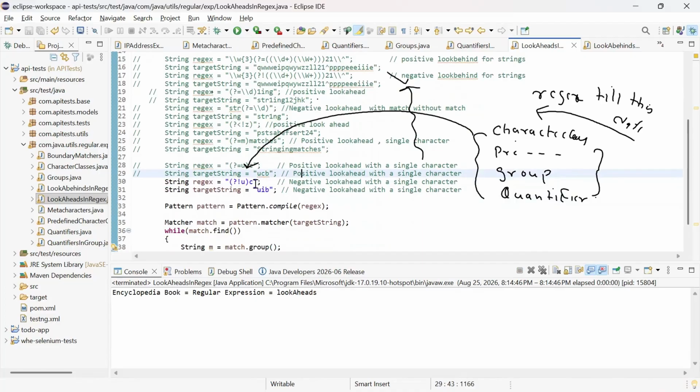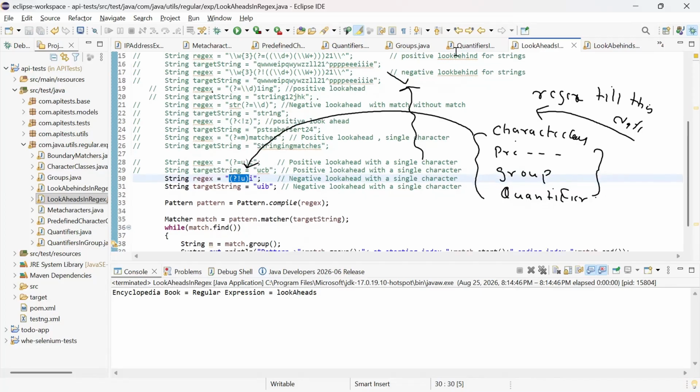Right? So how do I tweak this to make the negative lookahead work? I'll just change it to I, and then it will give us an output of I. The first character is U, but the lookahead says not equal to U, so it will not work here.